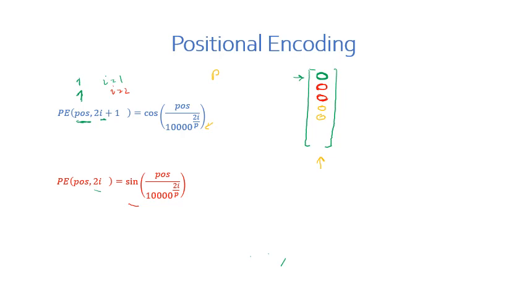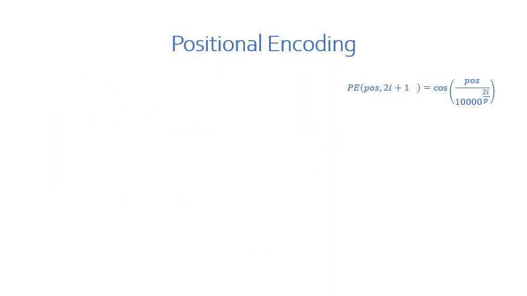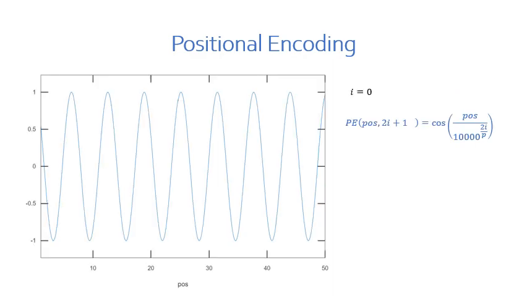Okay, so how come these two vectors capture the position? Let's take a closer look. I have two functions, cosine and sine. Let's look at the cosine. This cosine function, if i is equal to 0, for different positions is a periodic function like this.